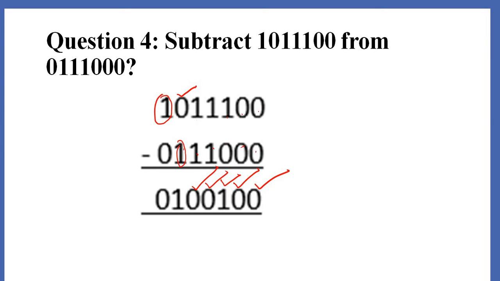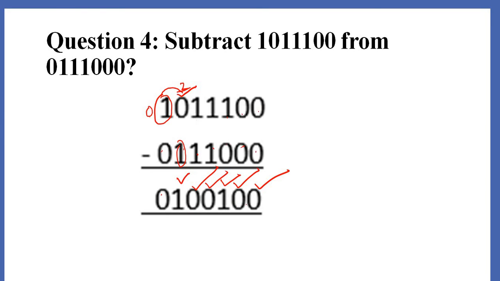So we will take borrow 1 from the last column to the previous column, right? This 1 will be converted to 2 in this column. So 2 minus 1, it will give 1. Since we already have taken this 1 to the previous column, it becomes 0. Therefore 0 minus 0 is 0, right?